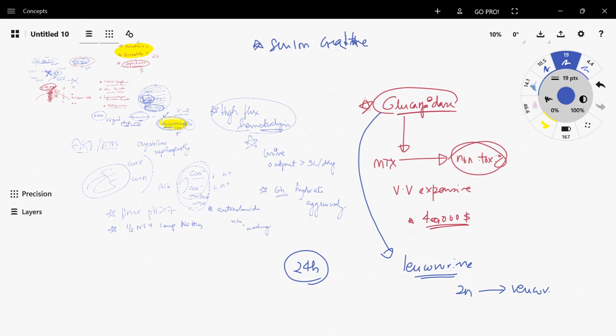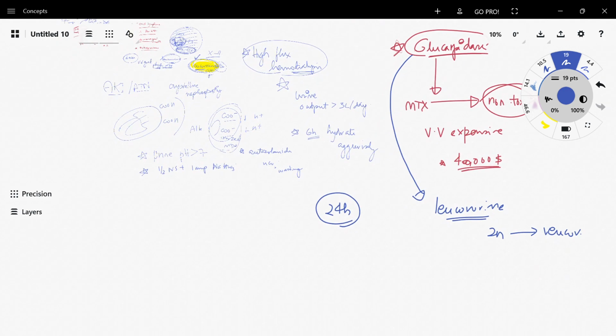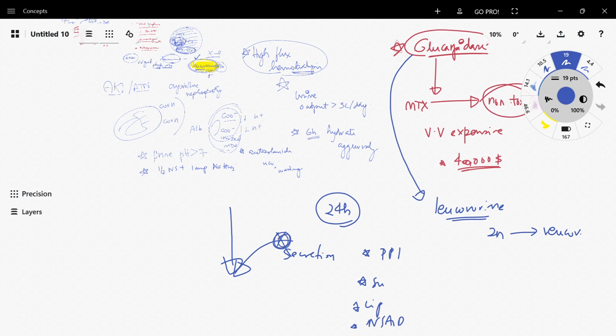Another thing is that while most of the methotrexate is filtered, some amount of it gets secreted by a pump. There are some drugs like proton pump inhibitors and sulfonamides and ciprofloxacin, NSAIDs. These are the ones that compete with methotrexate for excretion.